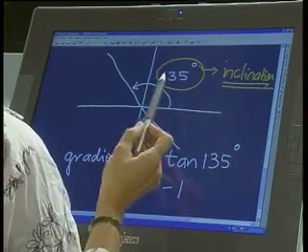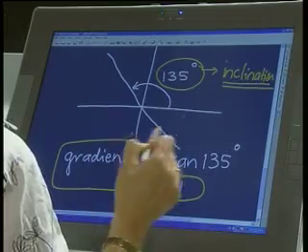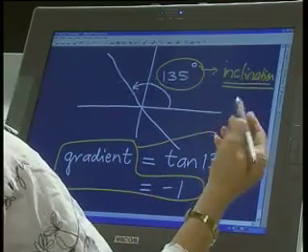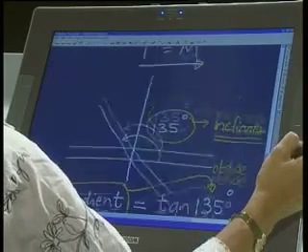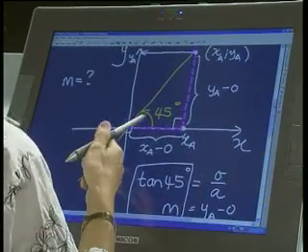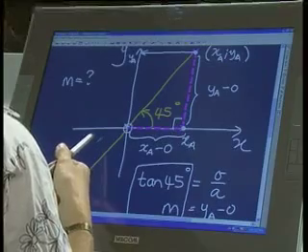Lines with negative gradients have obtuse angles, but a line that makes an acute angle will have a positive gradient.